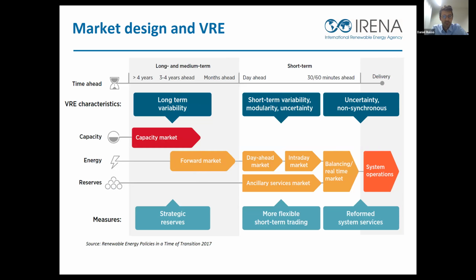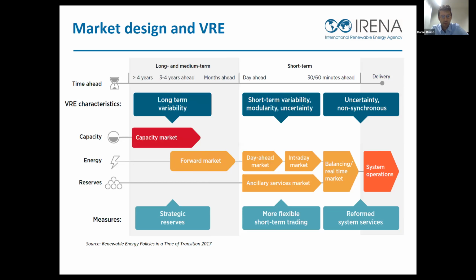What this shows is the long, medium and short term parts of market operation, and also VRE characteristics. While there is long-term variability in wind and solar, this could potentially be addressed by capacity markets, so procuring backup capacity for the future, forward markets in the energy market, and strategic reserves in general, which could address a lot of these issues.